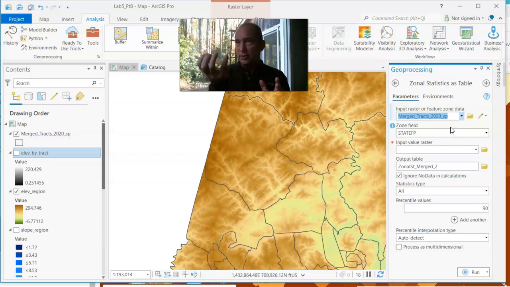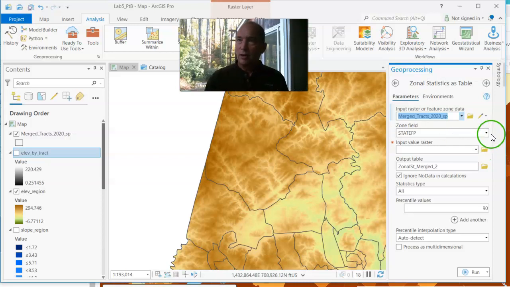And that data table is going to have a whole bunch of statistics in it. The one we're going to be interested in, let's say, is the average. What's the average elevation of each tract? To gather that information, we're going to take a data table, make sure that we have something that we can use as an identifier to connect it back to those tracts that we're using as zones.